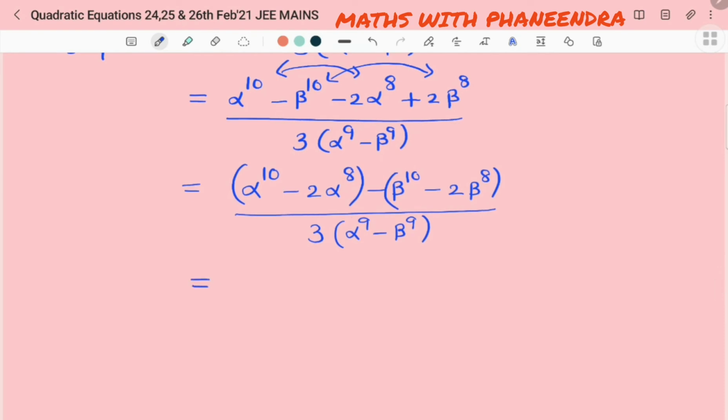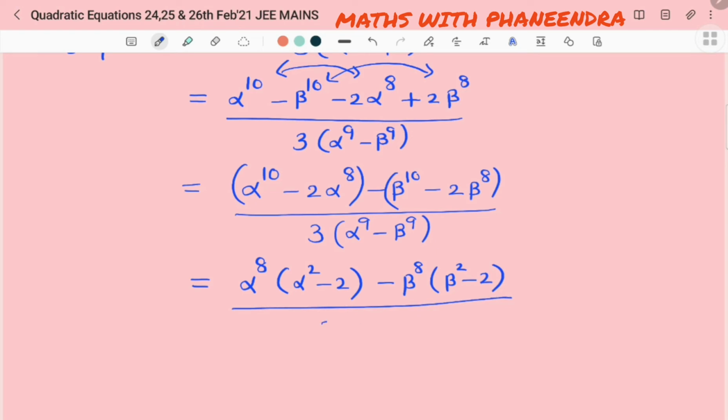So from here alpha power 8 I am taking common: alpha square minus 2, minus beta power 8 common, beta square minus 2, divided by 3 times of alpha power 9 minus beta power 9.